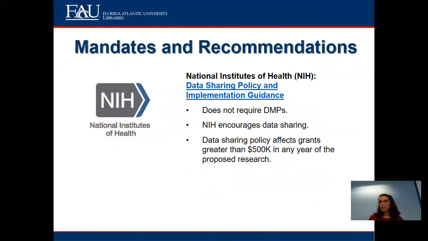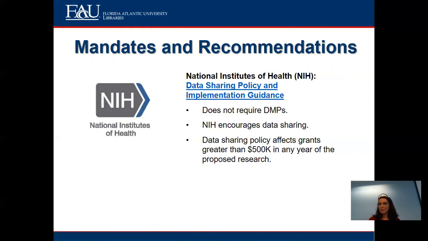The National Institutes of Health also has some recommendations and guidance, a document called the Data Sharing Policy and Implementation Guidance. NIH does not require a data management plan, but they do have documents that encourage data sharing. Their data sharing policy affects grants greater than $500,000 in any year of the proposed research.